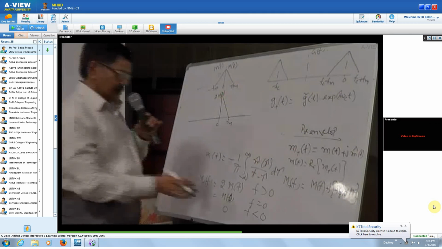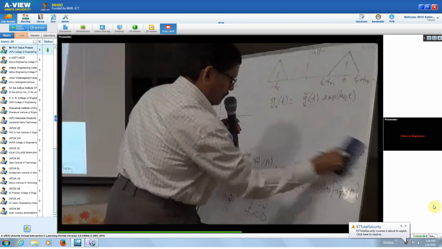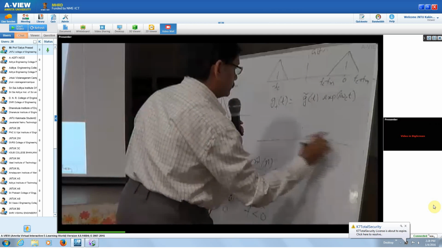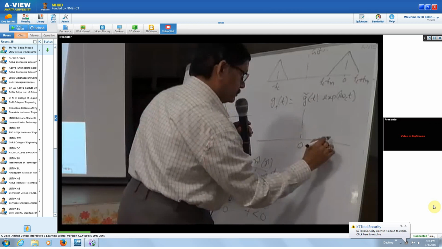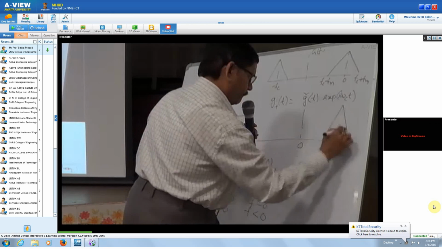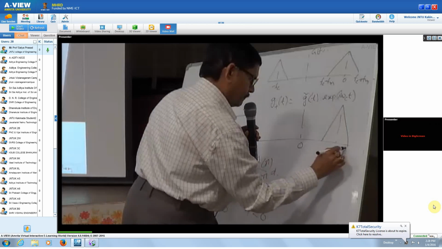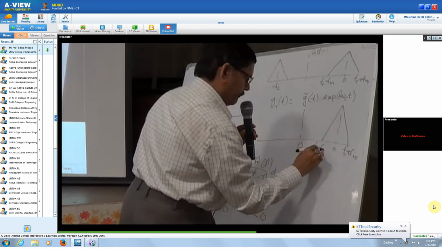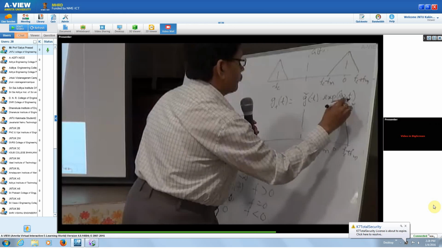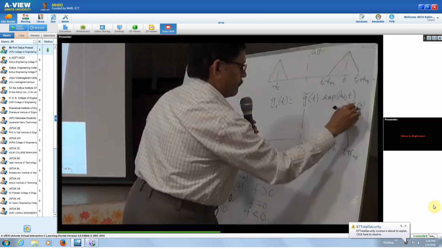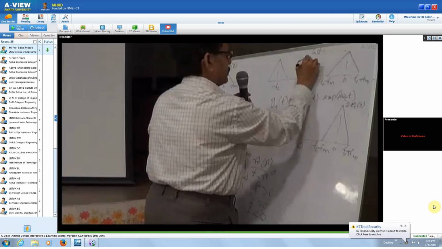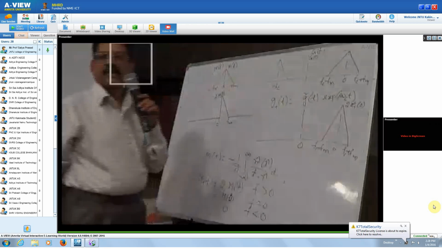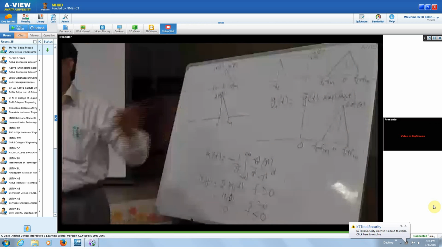In a similar way, this spectrum becomes this, our G of 0. Actually this 1 by 2 also will be coming, because when you multiply a DSBSC signal, half also will be coming.